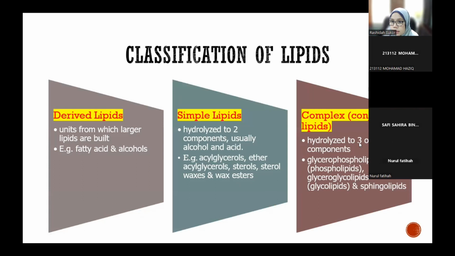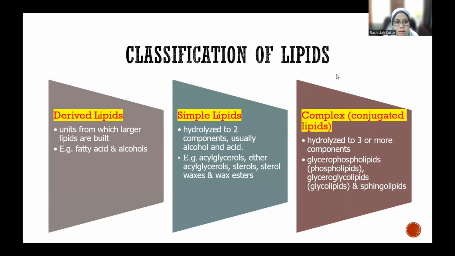All right, and then this is the classification of lipid. So we have derived lipid, simple lipid, and also complex or conjugated lipids. Derived lipids means the units from which larger lipids are built, for example fatty acid and alcohol. Alcohol can also be part of the derived lipids.